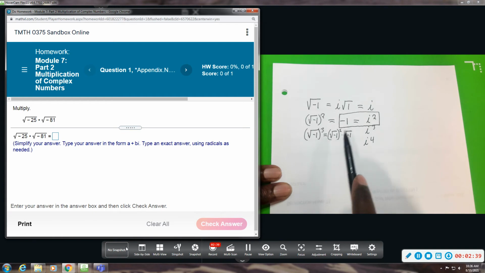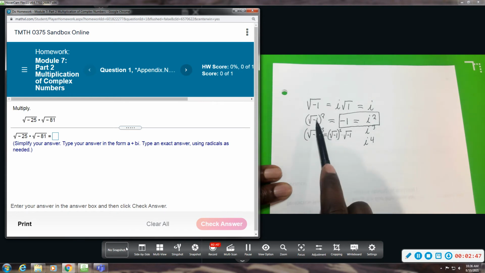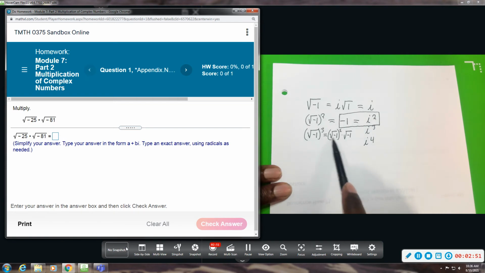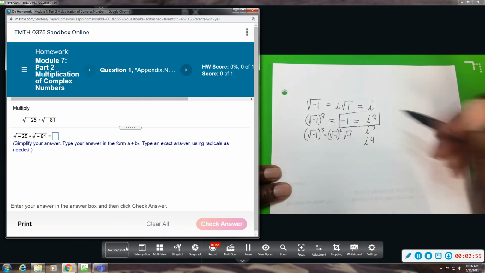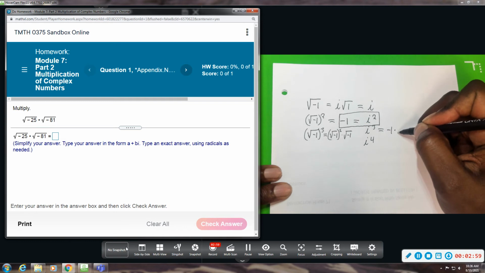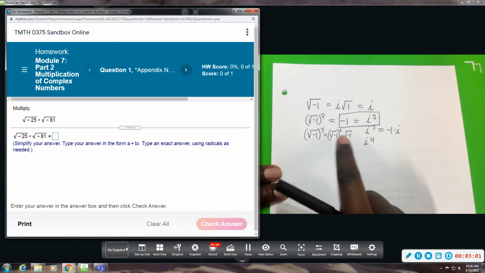The property of exponents. Whenever we do the square root of -1 squared, that gives us i squared, or just -1. So this part is equal to -1. This is equal to i. So what we're looking at is -1 times i from these two parts here.